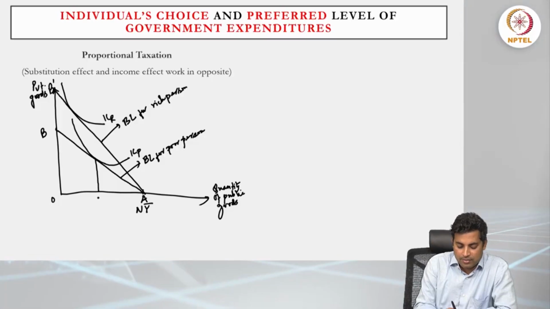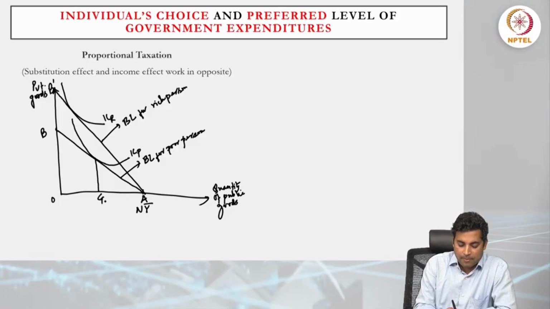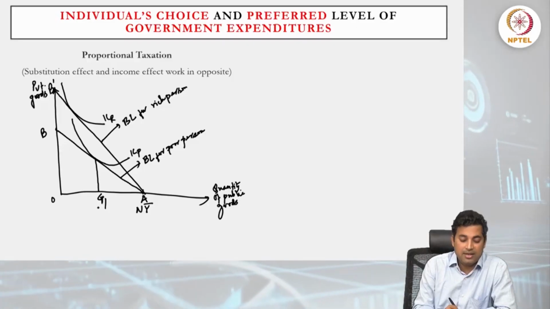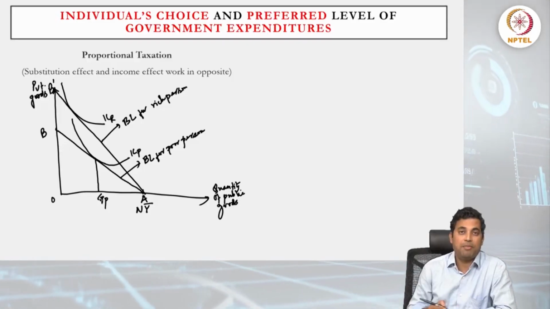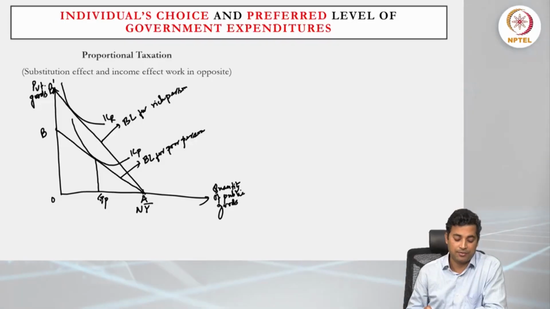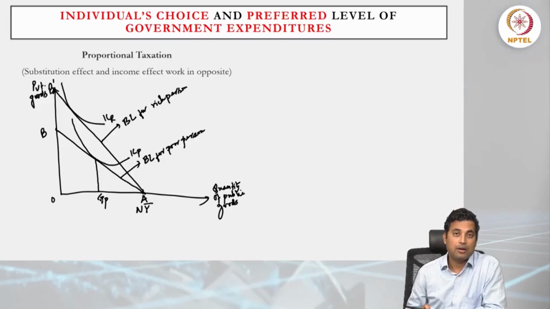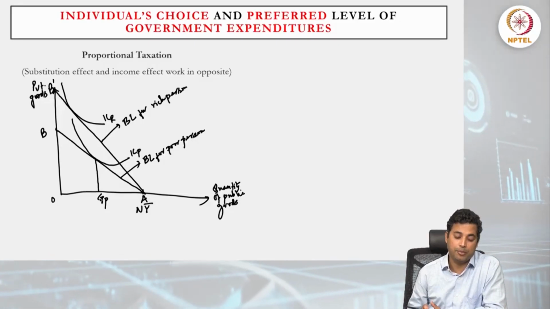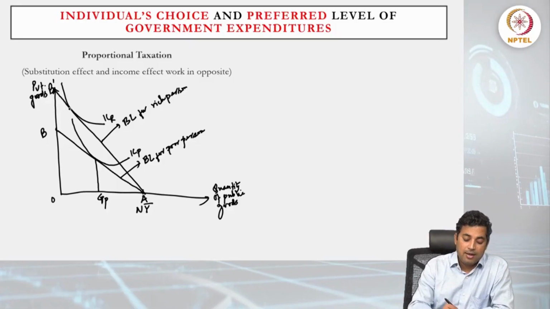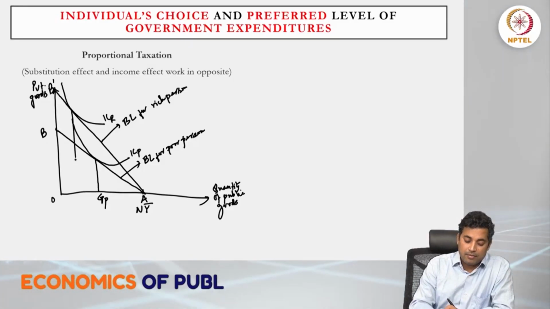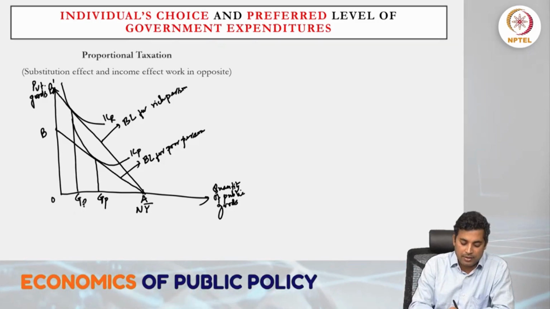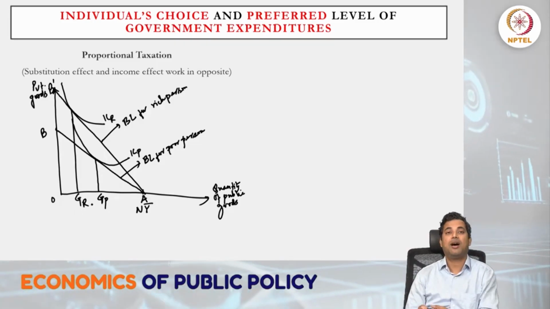So here G is public goods, and OGP is the quantity of public goods that will be consumed by the poor person. But the quantity of public goods consumed by the rich person is OGR.